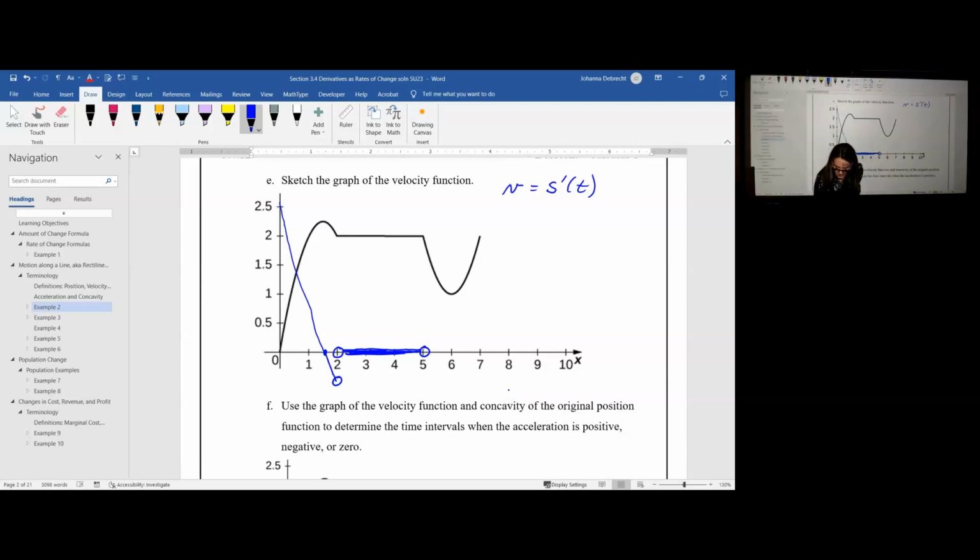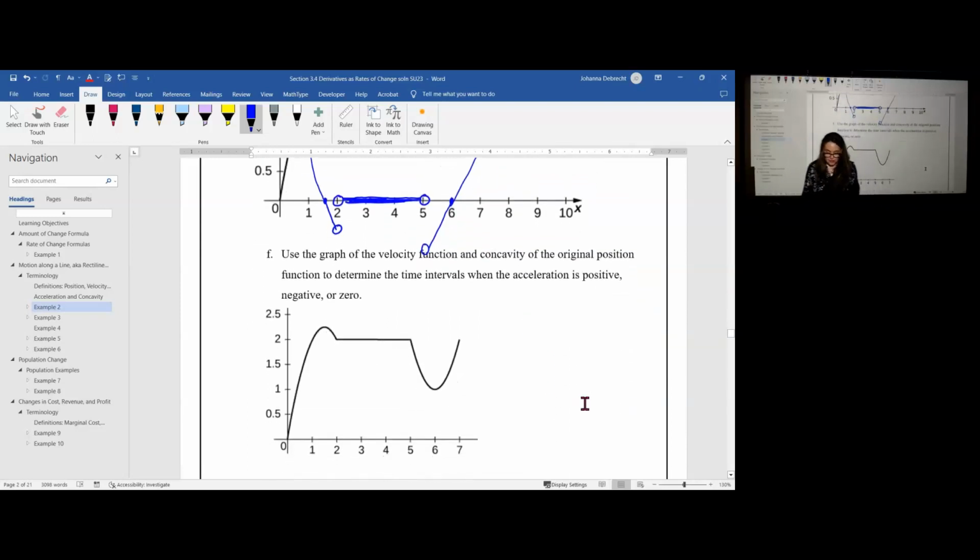So it's down here somewhere and comes up until it hits 6, where it is 0. Then it changes and heads the other direction with a positive velocity. Your graph of the derivative should look something more or less similar to that.